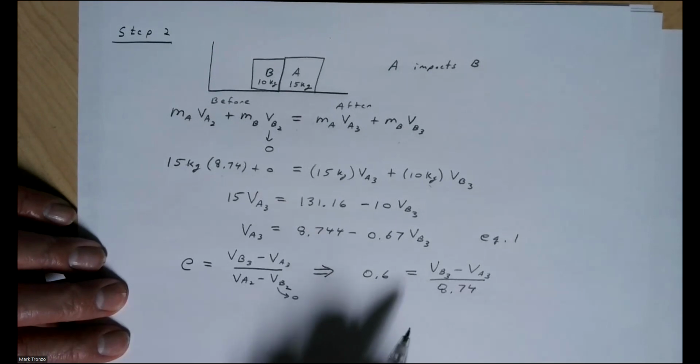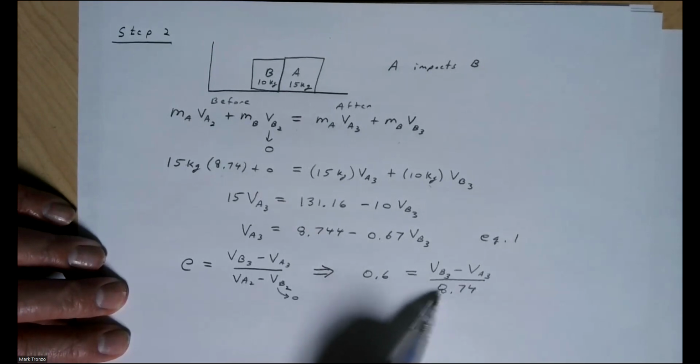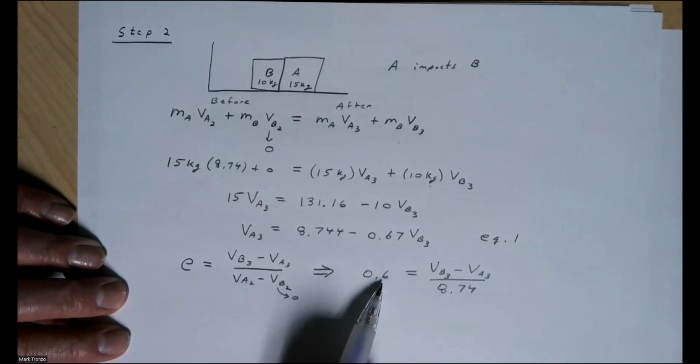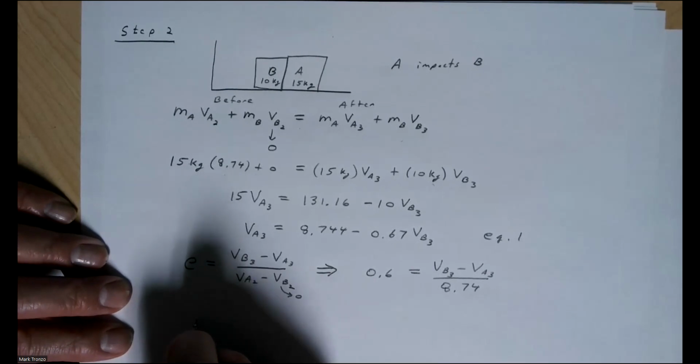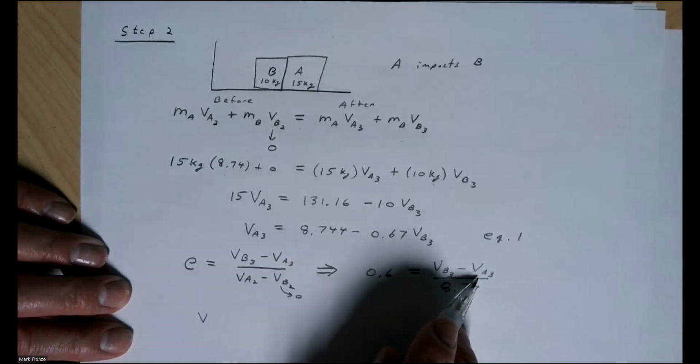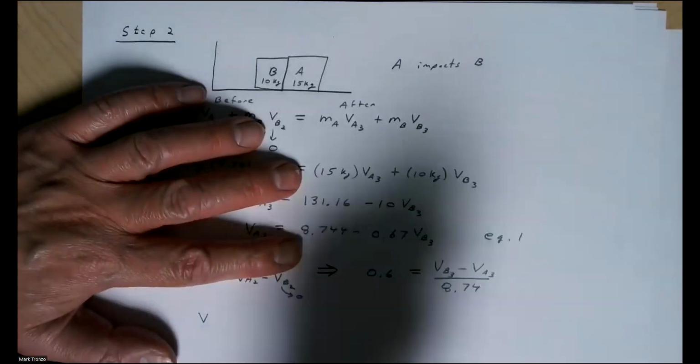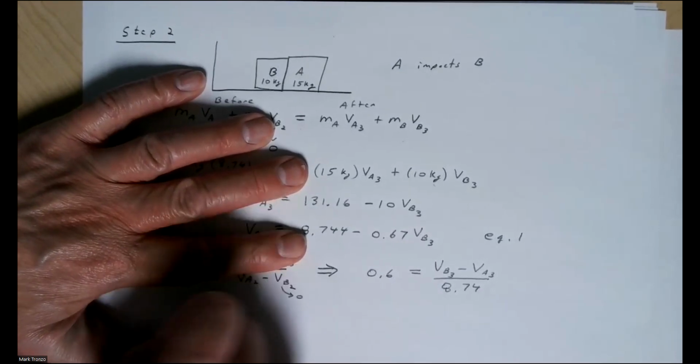And now we can solve these. We can multiply this over here. In fact, if we solve for VA3, let me do this in steps here.